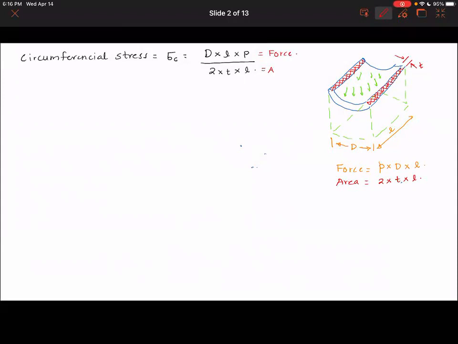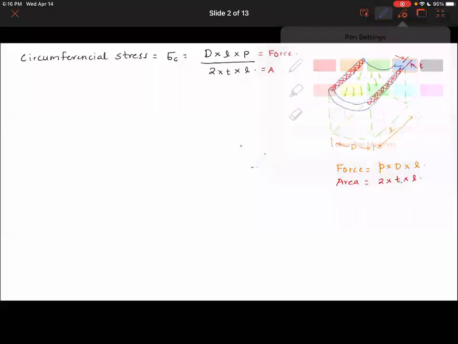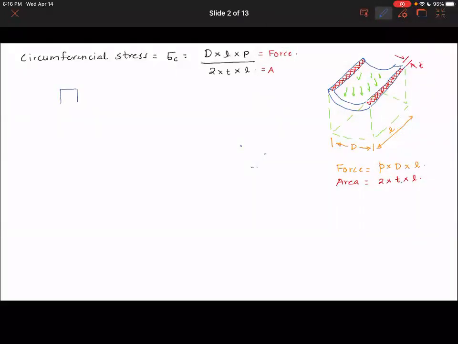Now what I'm going to do is use the Poisson's ratio relationship, because this is a biaxial stress condition. What it means is you have two stresses on an element that are perpendicular to each other. Due to the Poisson's ratio relationship, a component of longitudinal stress will act in the circumferential direction, and a component of circumferential stress is going to act in the longitudinal direction.